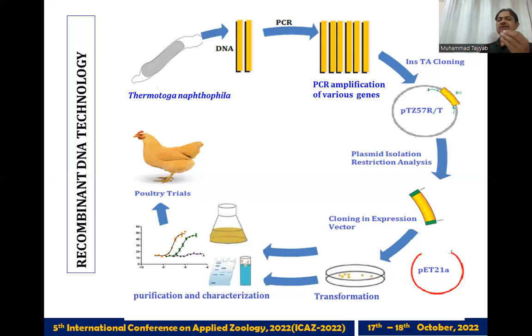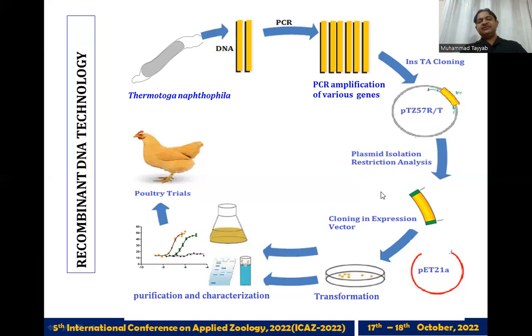These are a few of the enzymes which are important for the supplementation of poultry feed. So once the genes have been amplified by PCR, these can be cloned separately in the cloning and expression vectors, and the presence of the gene in the vector can be confirmed by plasmid isolation and restriction analysis.